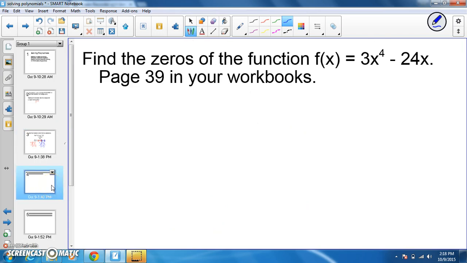Now if we go to page 39 in our workbook, if you don't have your workbook, then you may just write down the problem. But this is just going to break it down for us in our workbook. So we have our function f of x equals 3x to the 4th power minus 24x.